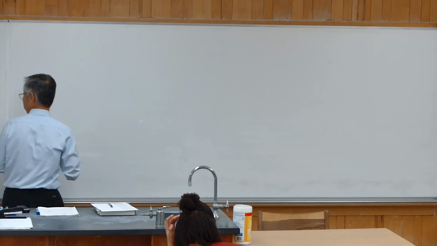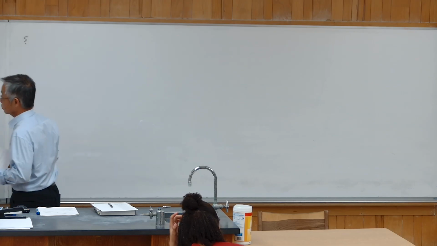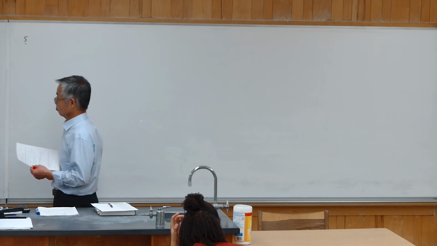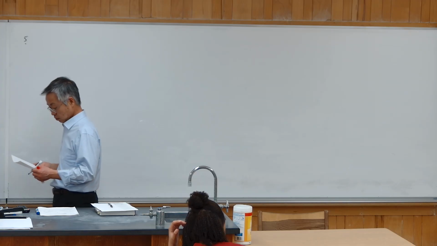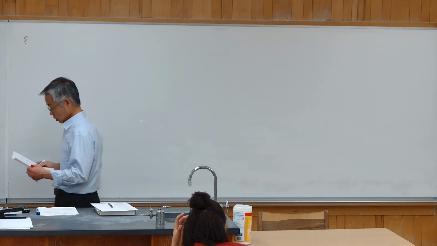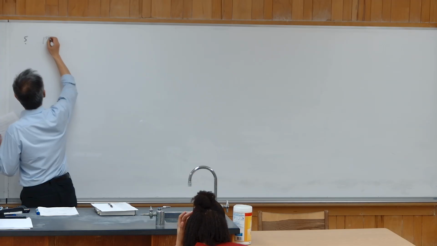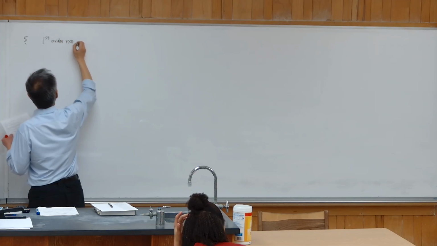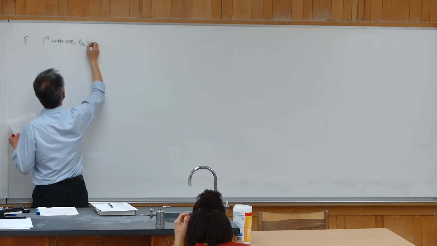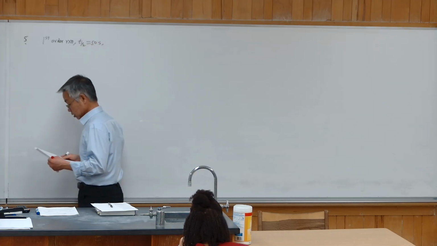Then question 5. The half-life of a first order reaction is 50 seconds at 70 degrees Celsius.